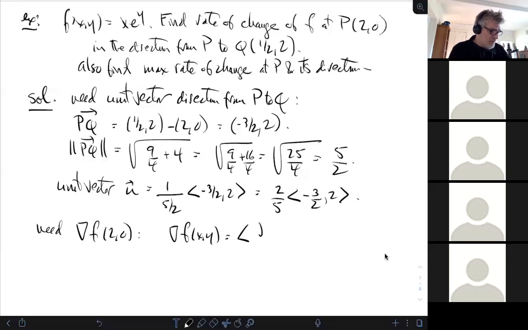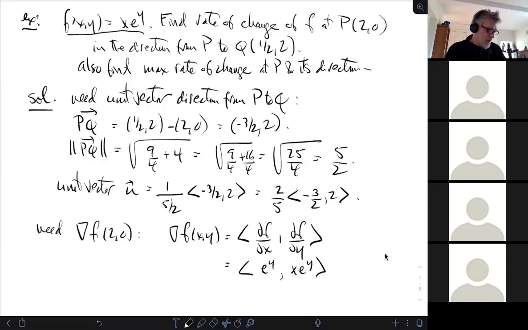Again, this is del F del X, del F del Y. It's a generic point. So let's see, our function is x times e power y. So this is e power y, and this is x e power y. So that's our gradient in general.